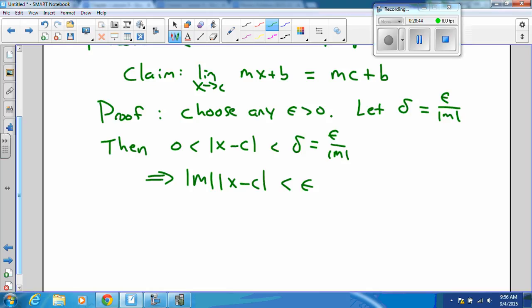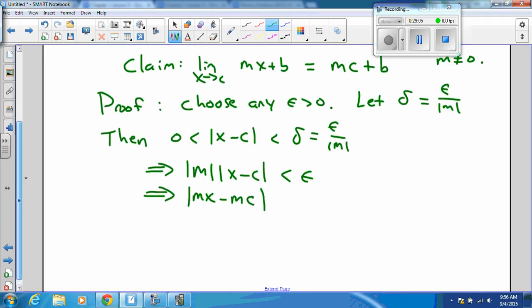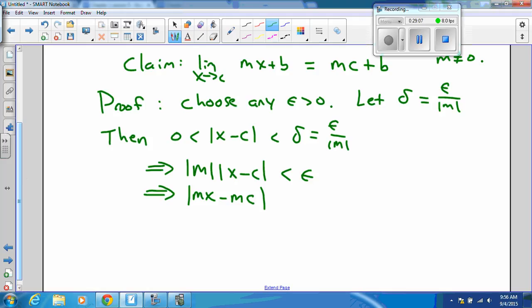We don't need to flip the inequality because the absolute value of m is always non-negative. Well, interesting. What if m is equal to 0? So let's exclude the case where we have a horizontal line, and we'll have to come back to that in just a moment.